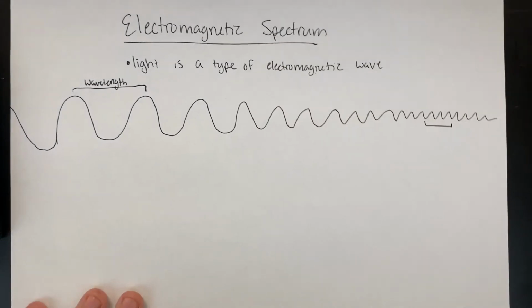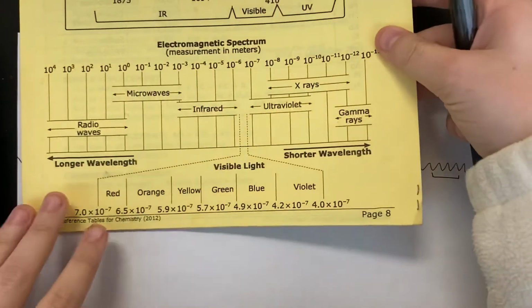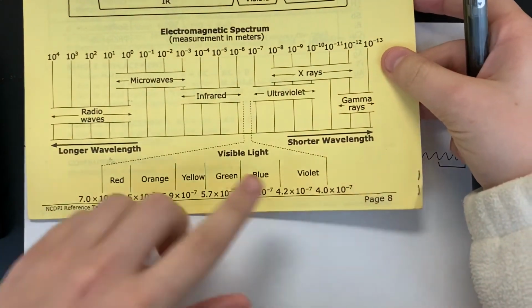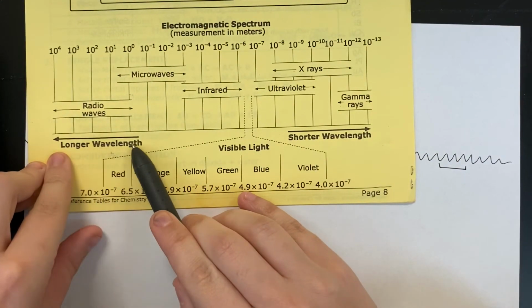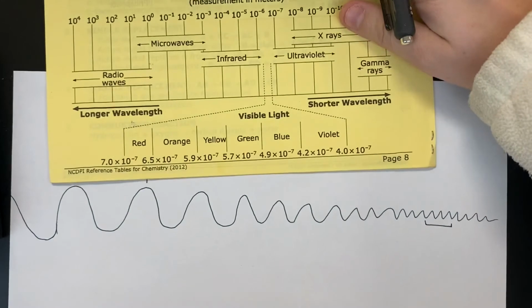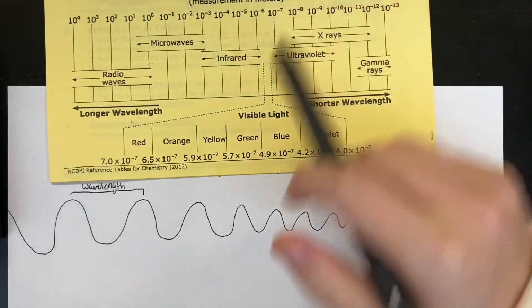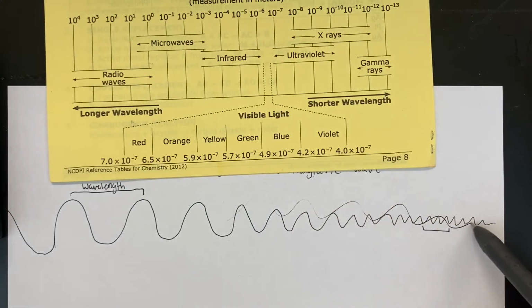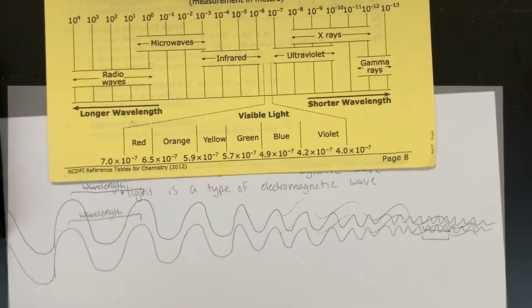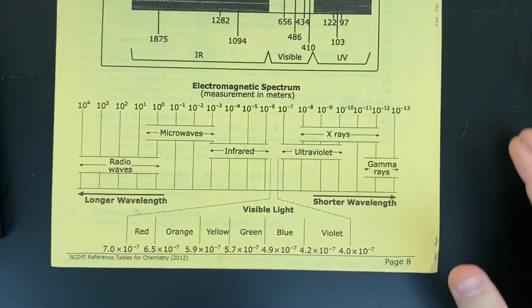And you have one in your reference packet, and it's down here on the very back, page 8, that looks like this. And you can see that it's organized from longer wavelengths to shorter wavelengths. So you can picture it kind of like this. Longer waves, and as we get farther and farther over, we get to shorter waves. And a lot of these waves we can't see.